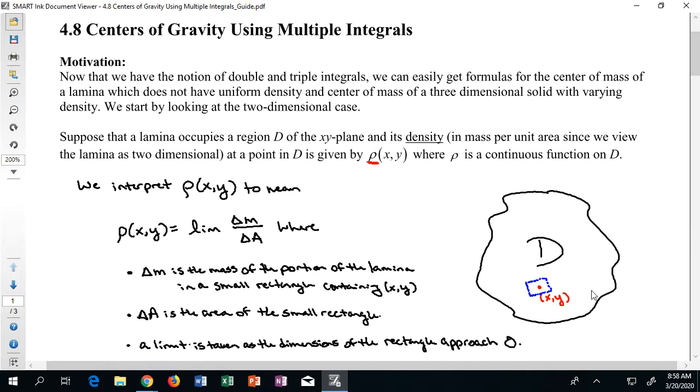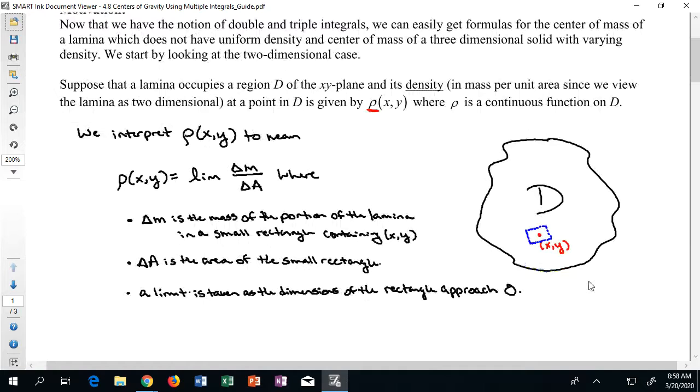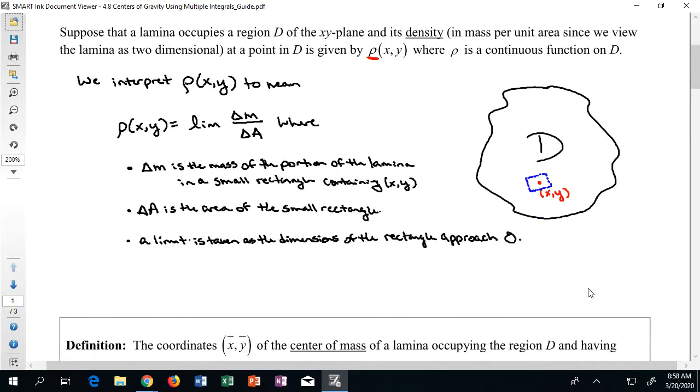So as that rectangle shrinks down further and further, I can start to think that I would be getting closer and closer to the actual density at that point.